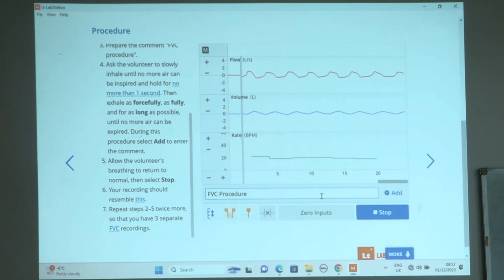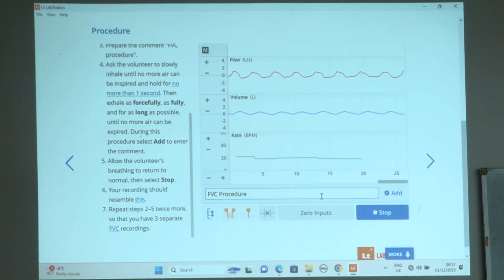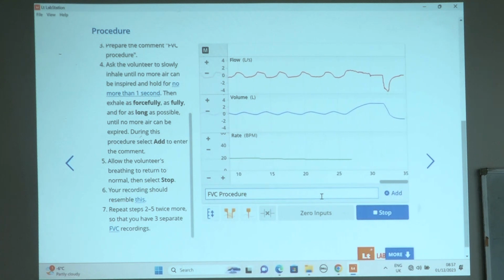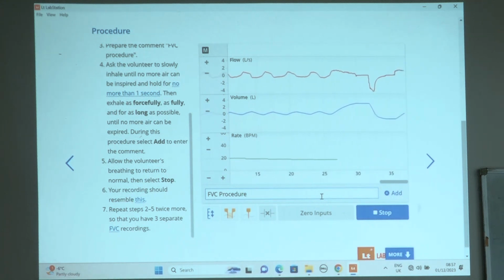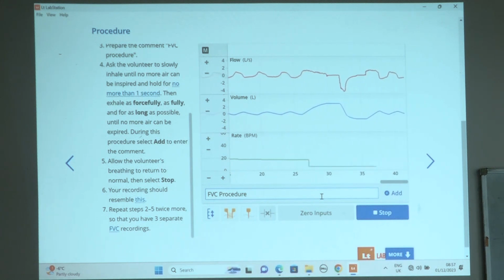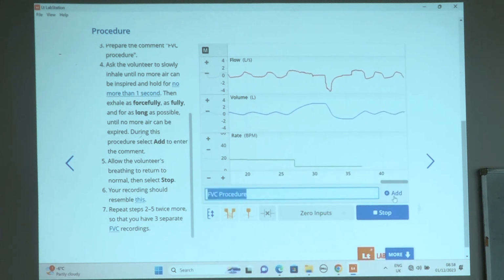So now breathe in, maximally, slowly, steady, breathe in. Hold for 1 second, forcefully out, and continue to breathe normal. Right, so that's the comment.